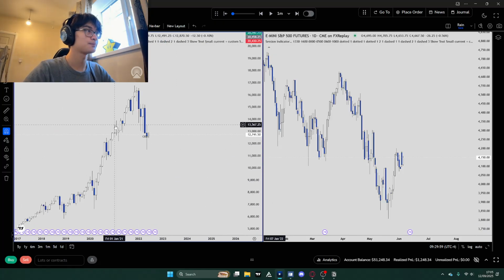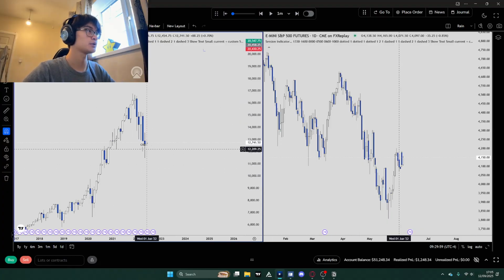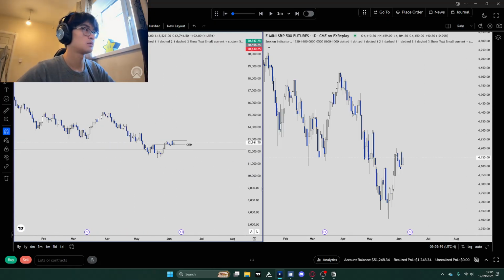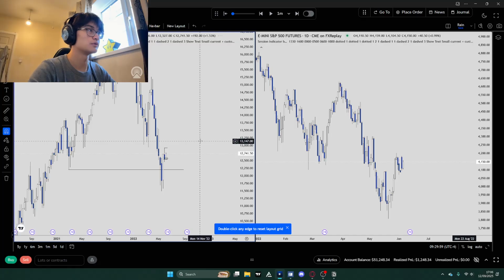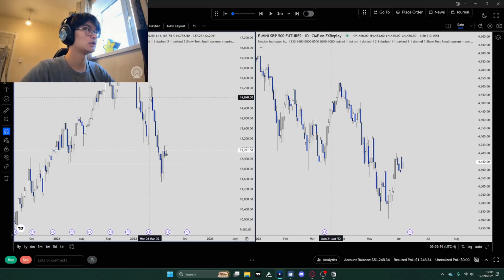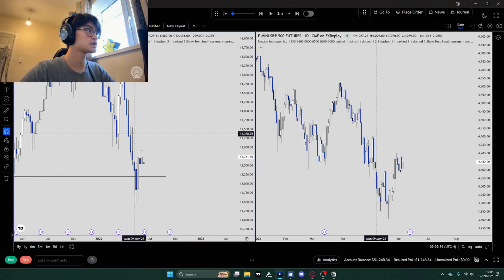1 month bearish came and swept this low. We're starting to reject off of that now. We have EQ still left untapped.